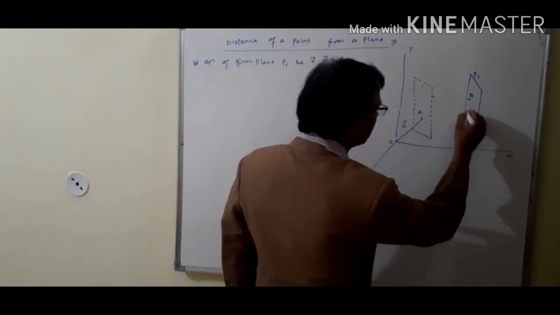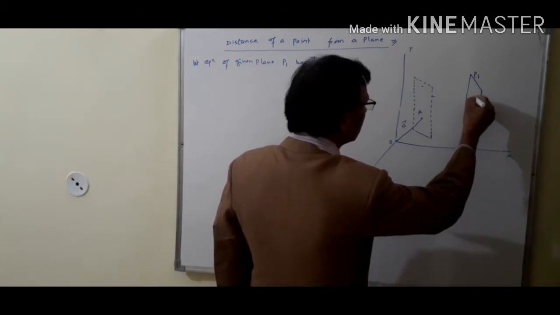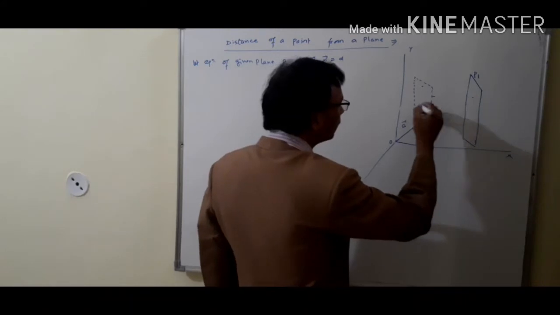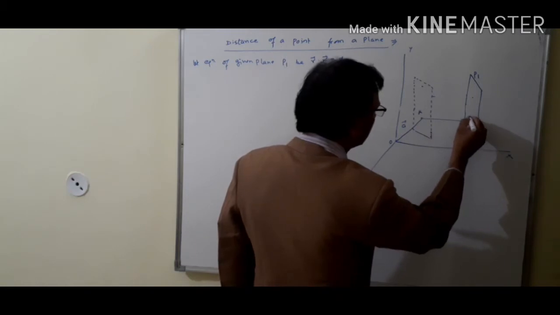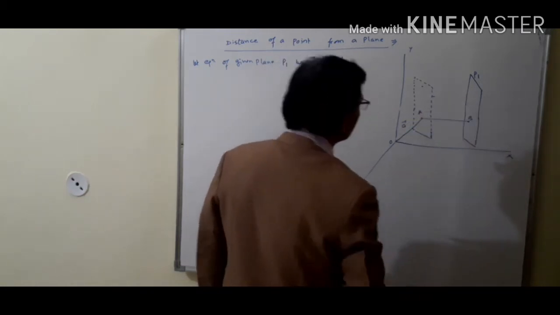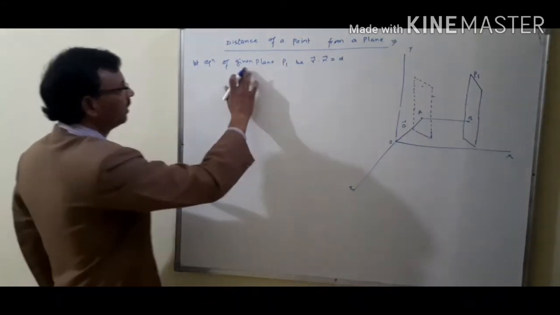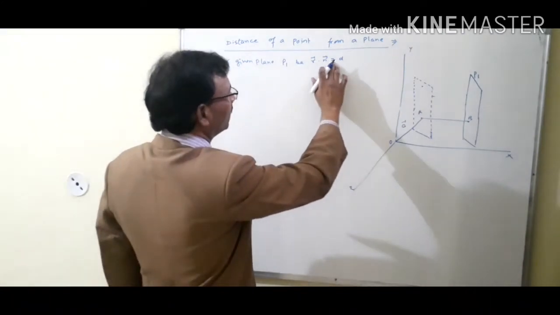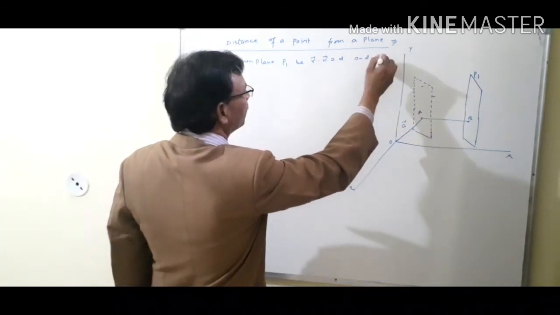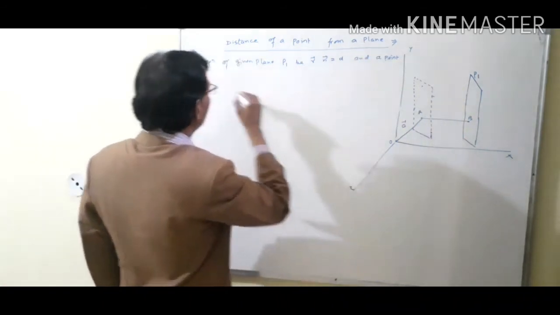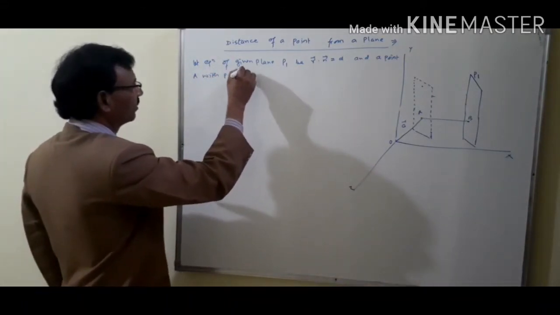Now, if this is the point B and I want to find the distance between A and B, I write here the equation of plane P1: R dot N equal to D, and a point A with position vector small a vector.